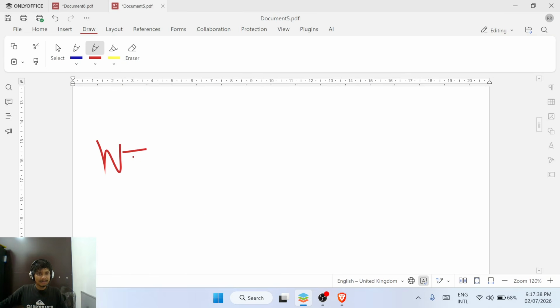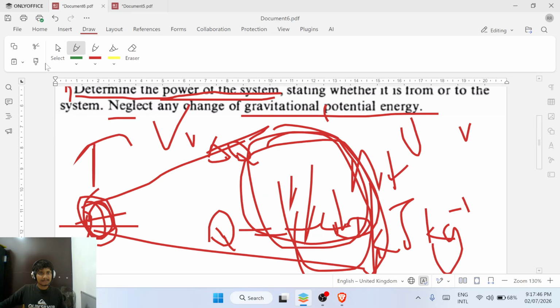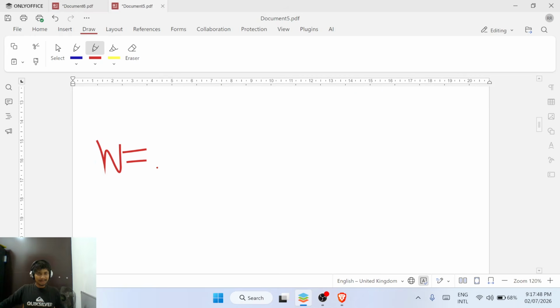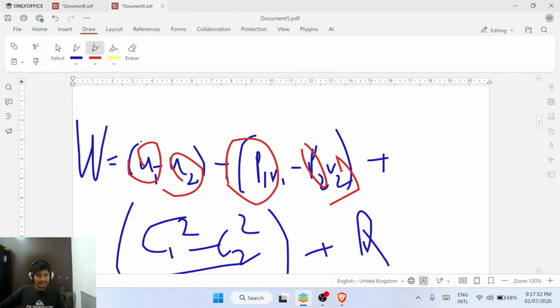Therefore, W is equal to... if you substitute the values into this equation, we already discussed what U1, U2, P1, V1 are.